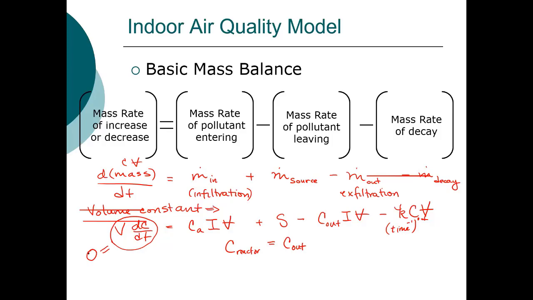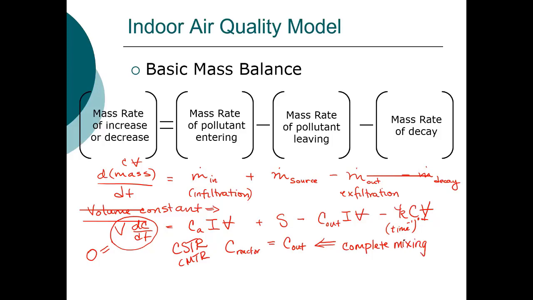So steady state means that the change in mass with respect to time is equal to 0. So under what conditions will the concentration in the reactor equal the concentration leaving the reactor? When we have a continuously stirred tank reactor or a completely mixed tank reactor. The assumption here is we have complete mixing.